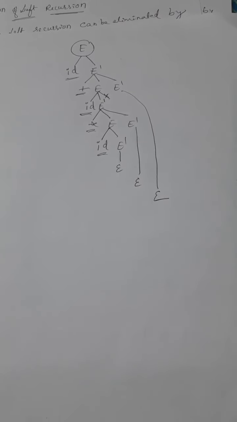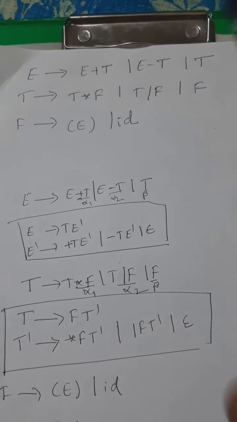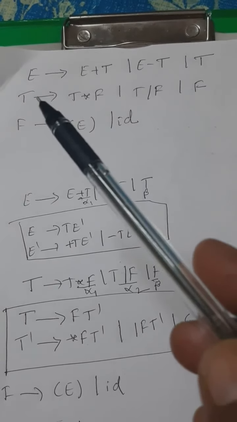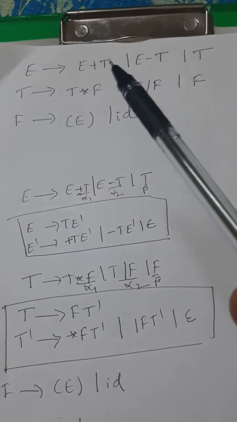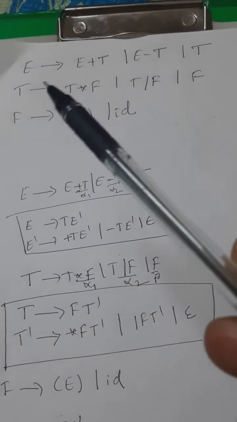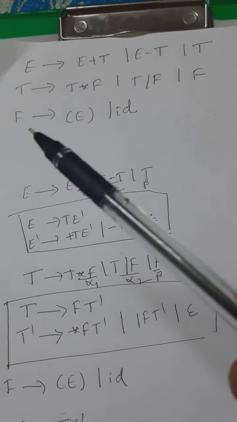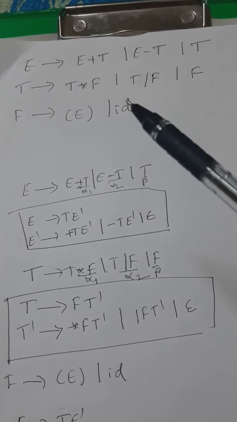Let's take one more example. Consider the grammar which has 3 productions and 3 grammar symbols. E is a grammar symbol which is producing 3 productions. T is a grammar symbol which is again producing 3 productions, and F is a grammar symbol which is producing 2 productions.